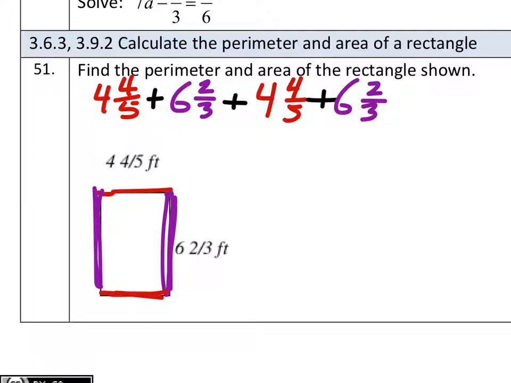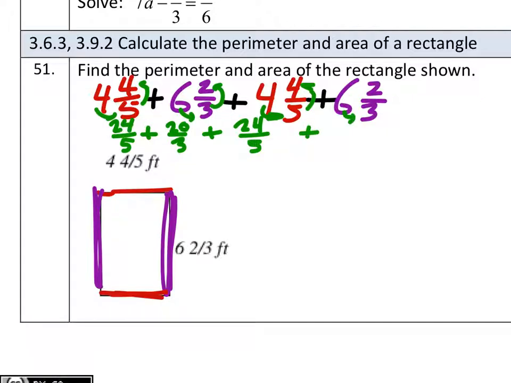Now I recommend changing these into improper fractions, but remember we could work with the mixed numbers. So what do you guys want me to do? Improper fractions. All right. So I've got 4 times 5, which is 20, plus 4, 24/5, plus 6 times 3, plus 2, 18 plus 2 is 20, 20/3, plus 4 times 5 is 20, plus 4, 24/5, and then 6 times 3 is 18, plus 2, 20/3.